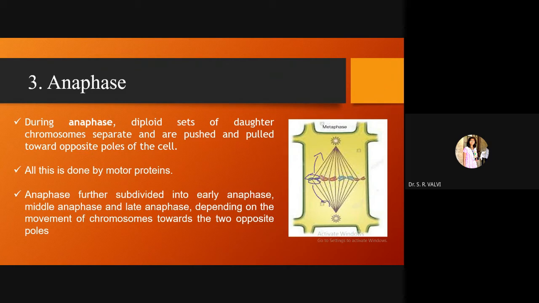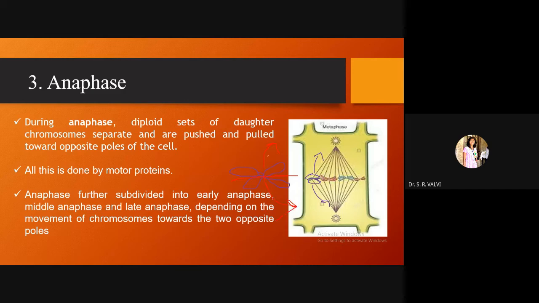So let me draw it here larger. They are attached like this, right? Let me change the color of my pen. So now just see here. Likewise, this half will move toward this pole, and this half will move towards this pole, right?